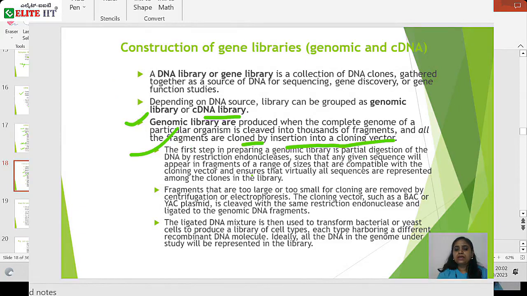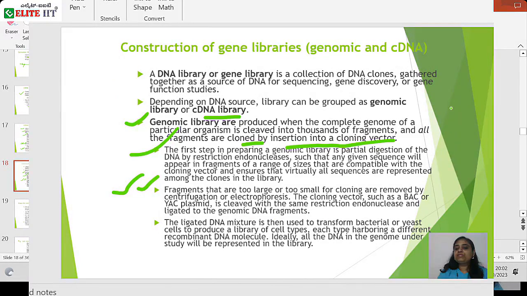Next, the fragments that are too large or too small for cloning are removed by centrifugation or electrophoresis, and cloning vectors such as BAC or YAC plasmid are clipped with the same restriction endonuclease and ligated to the genomic DNA fragments. So this is how cloning is done.